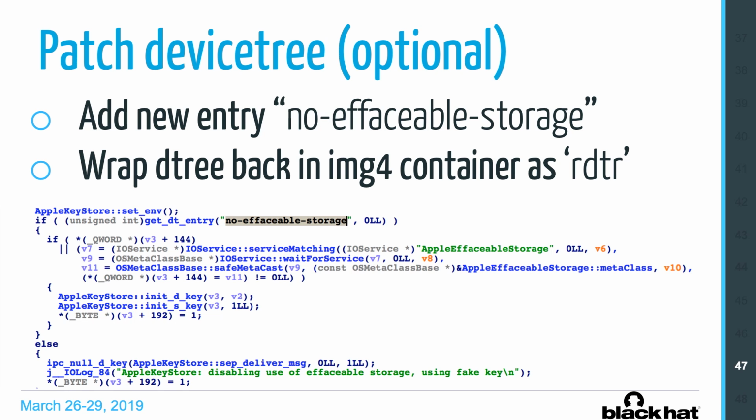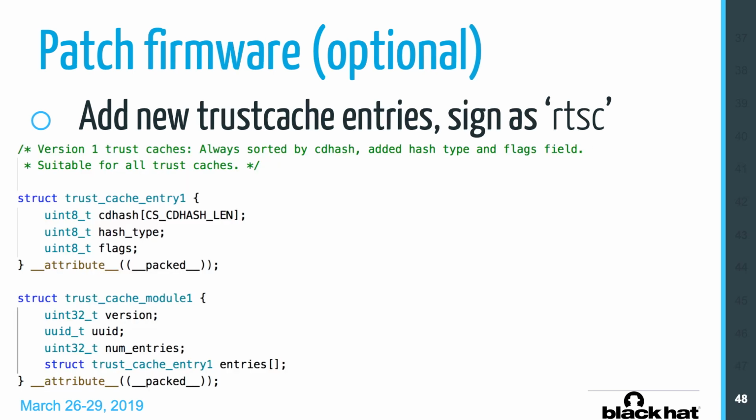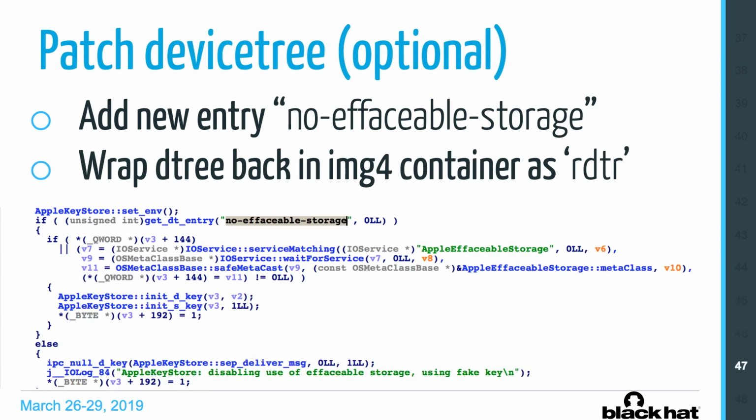As we see here, that's part of Apple IPFS text, and we see if no effaceable storage entry exists, the Apple key store will disable the effaceable storage and switch back to fake keys. That's what we need to make sure it's not going to override the original keys. Yeah, so again, just add no effaceable storage entry to device tree, and we're good to go.